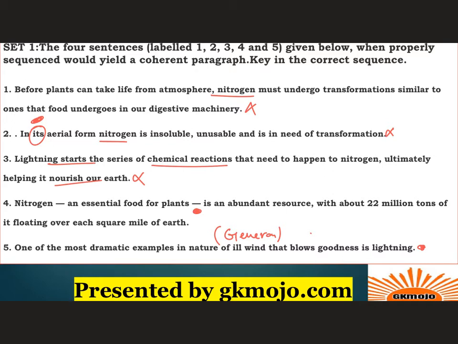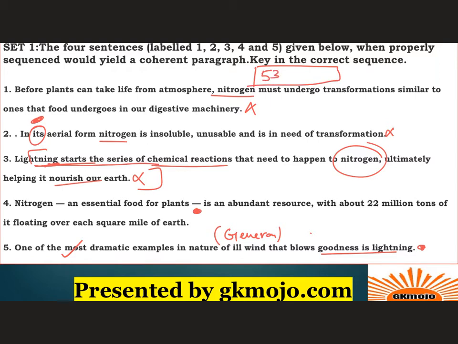If you would have paid attention in sentence 3, it says lightning starts the series of chemical reactions that need to happen to nitrogen. So basically, lightning produces nitrogen. So basically, this fifth sentence should come first. And you also know that this fifth sentence is talking about the goodness that this lightning is providing. And lightning starts the series. This is giving what actually that goodness is, right?